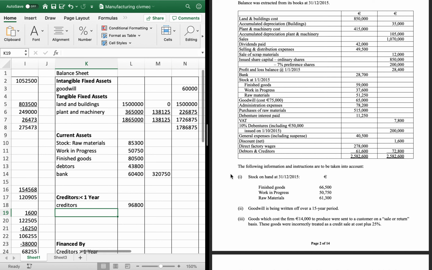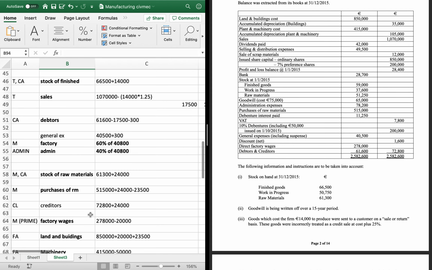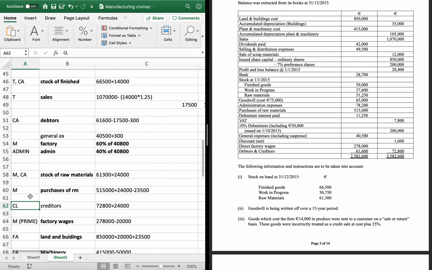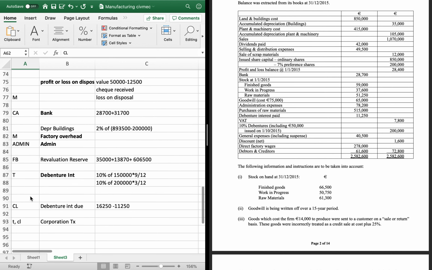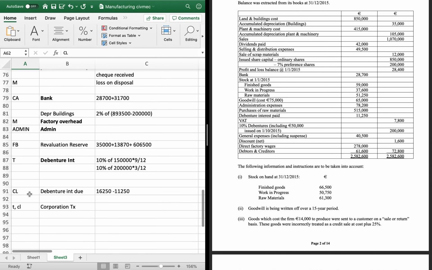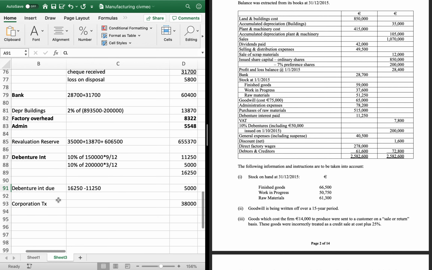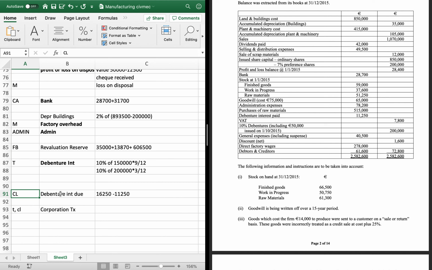Then you have, just trying to think, you have your VAT of 7.8. You'll have your, that could be it. Let's just check. So creditors is in. You've these two, your debenture interest due of 5,000 and your corporation tax of 38.